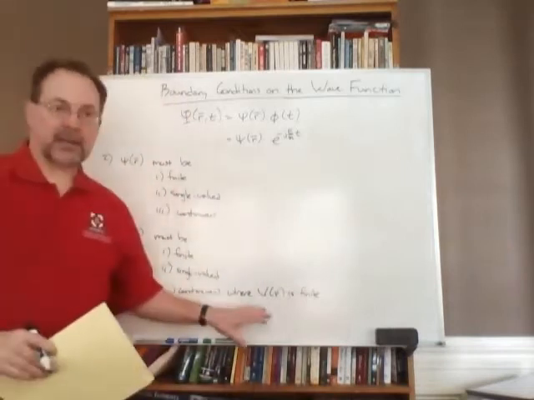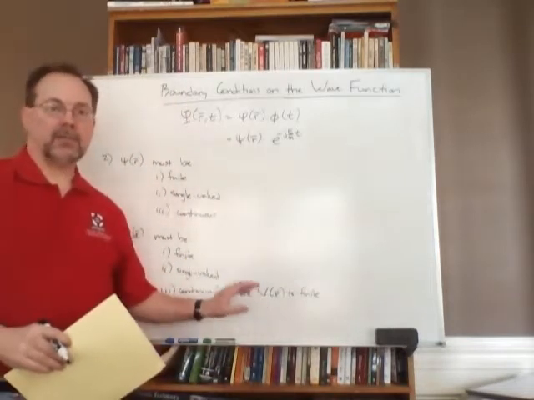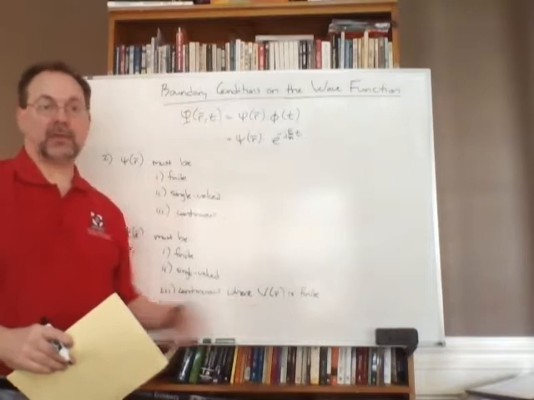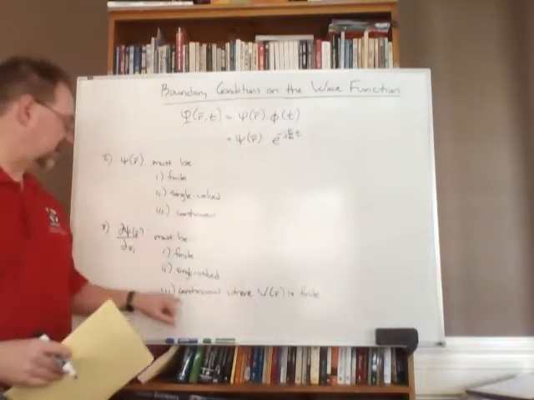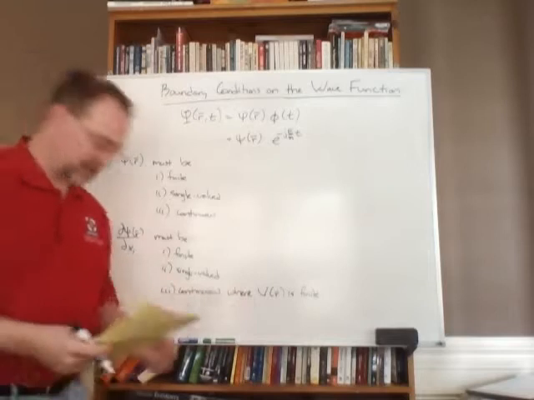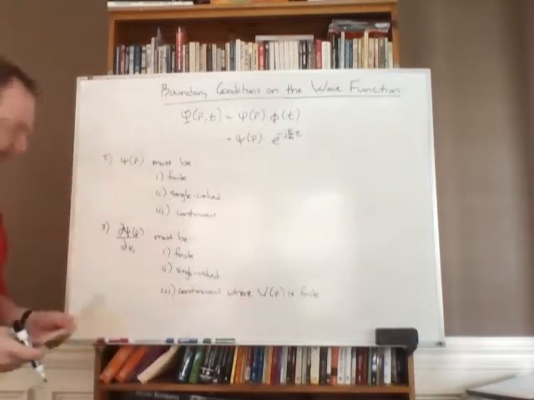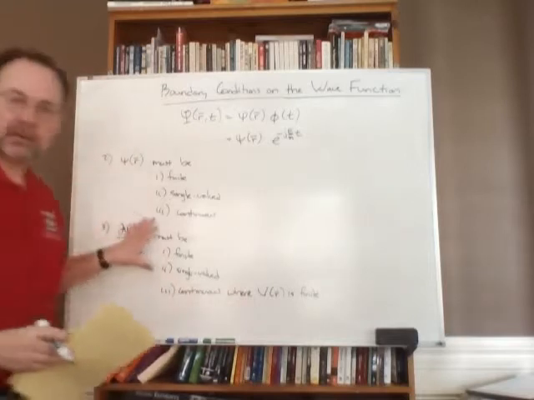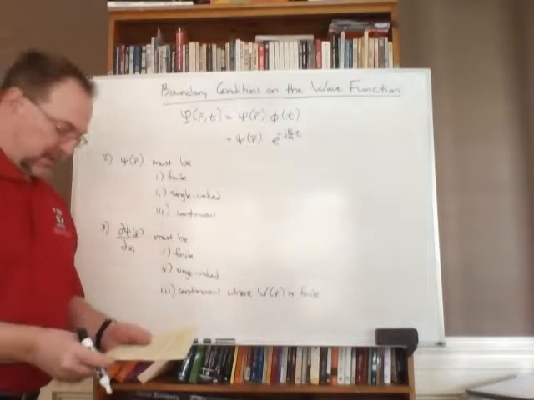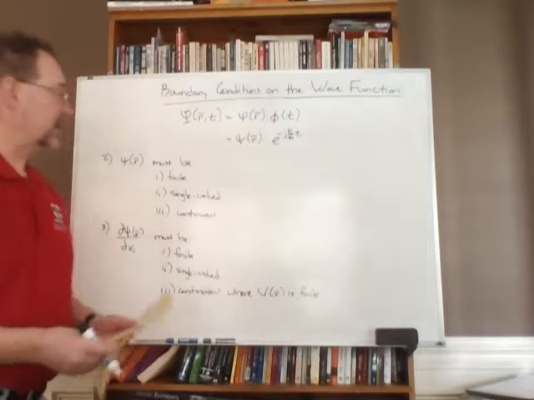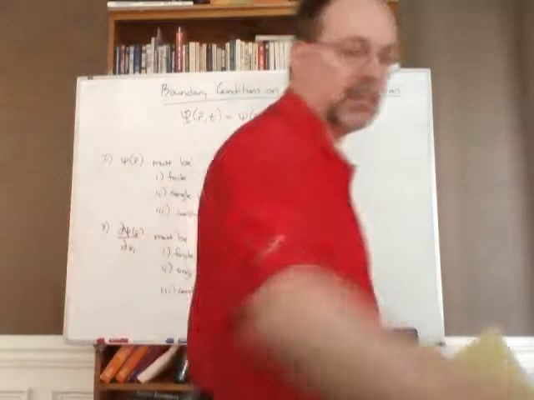We'll look at a case where V is not always finite, and where it is not finite, then the derivative can be discontinuous. These are really postulates, you might say, but there are some reasons behind these being required.